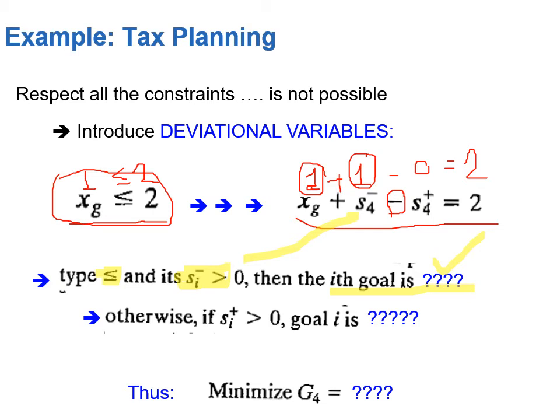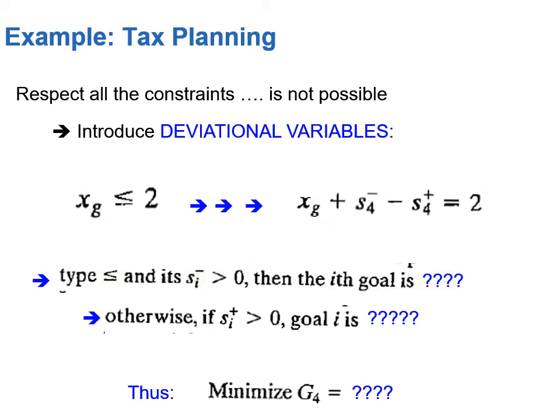We reached our target. But on the other hand, let's consider the other case. Assume that this xg is 3. So 3 is not equal to 2, right? But still it's allowed. We can exceed our target, but we want to exceed it in the minimum possible way. In order to satisfy this constraint when xg is 3, this negative deviation should be 0 and this positive deviation should be 1.